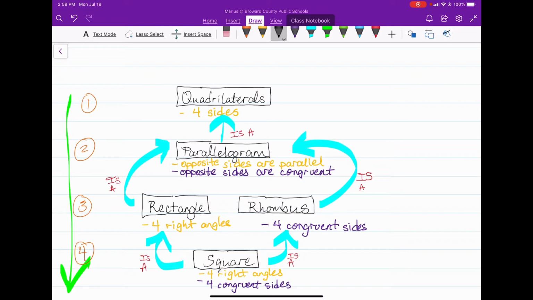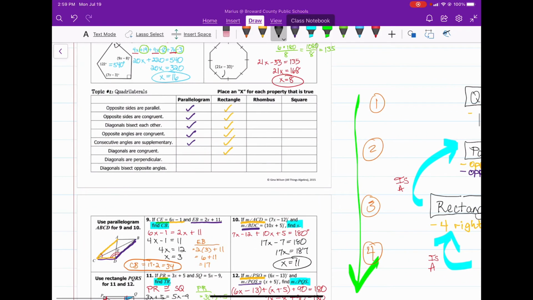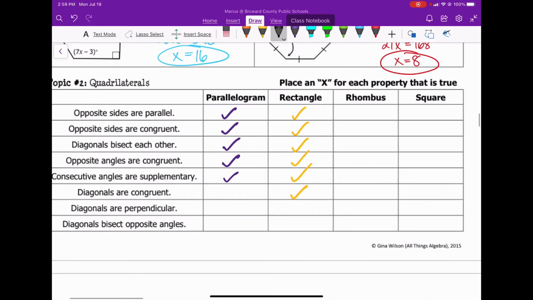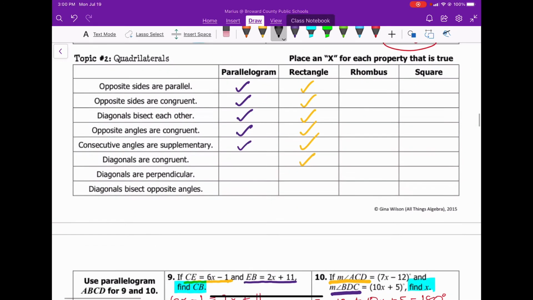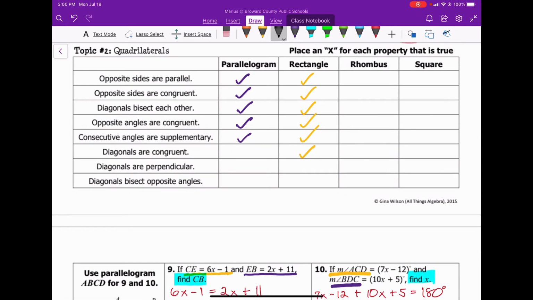However, we still have to adjust for the specific characteristics which make a rhombus and not a rectangle. So those first five characteristics, 1, 2, 3, 4, and 5, are still going to be the same as a parallelogram because remember, a rhombus is a parallelogram.